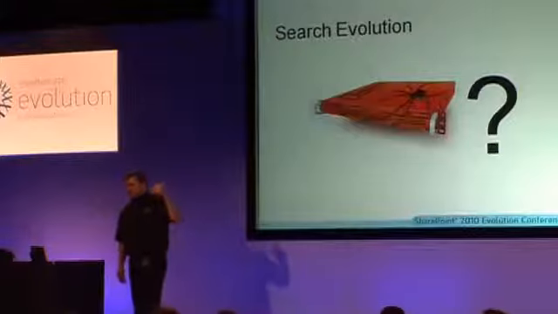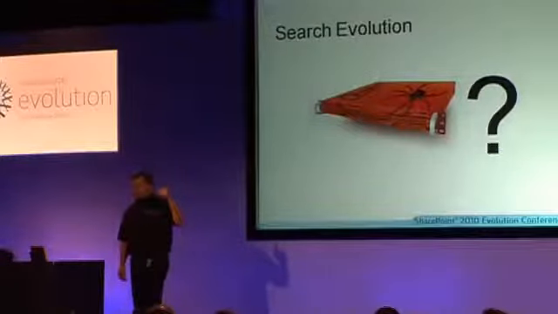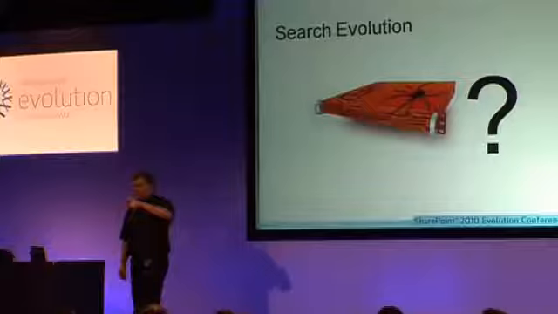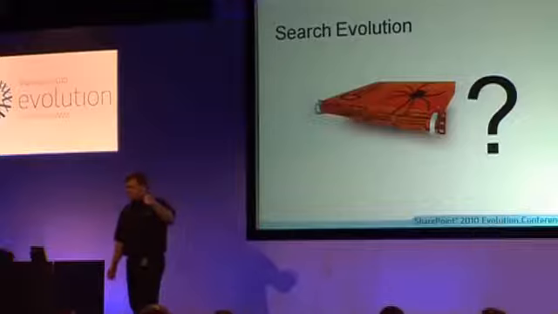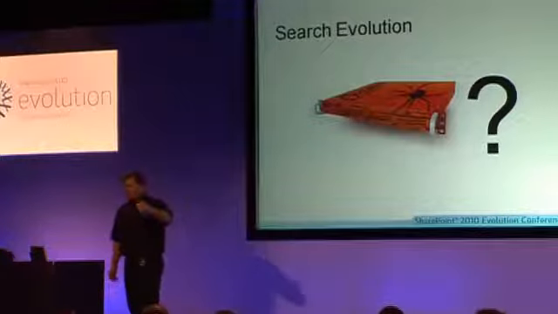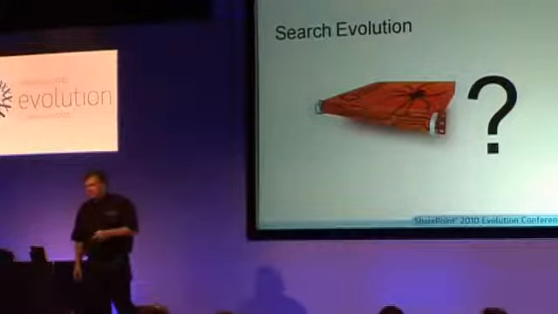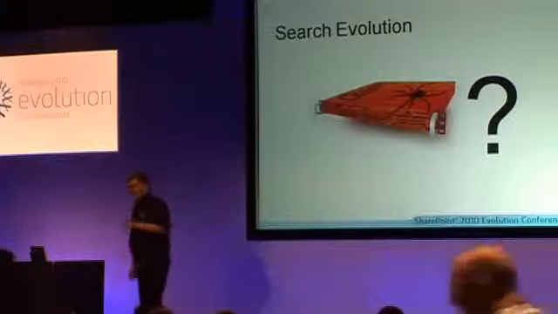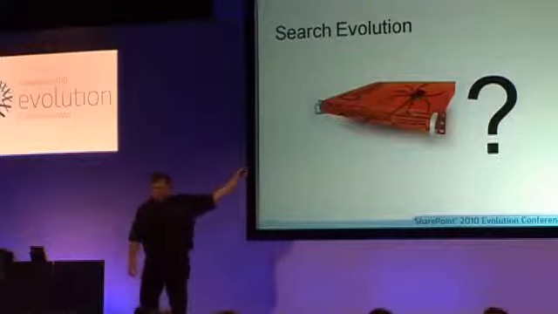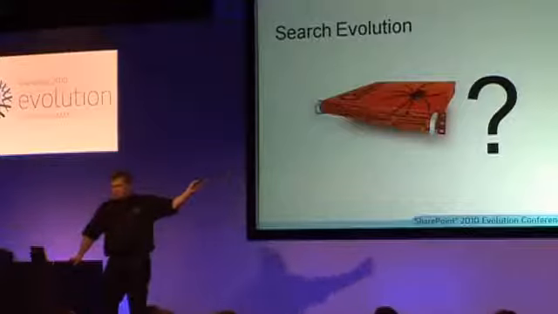Does anyone recognize this? One person, two people. What is it? What search appliance is it? It's a Microsoft search appliance, which doesn't exist. This was a search appliance that was generated when we released the infrastructure updates.